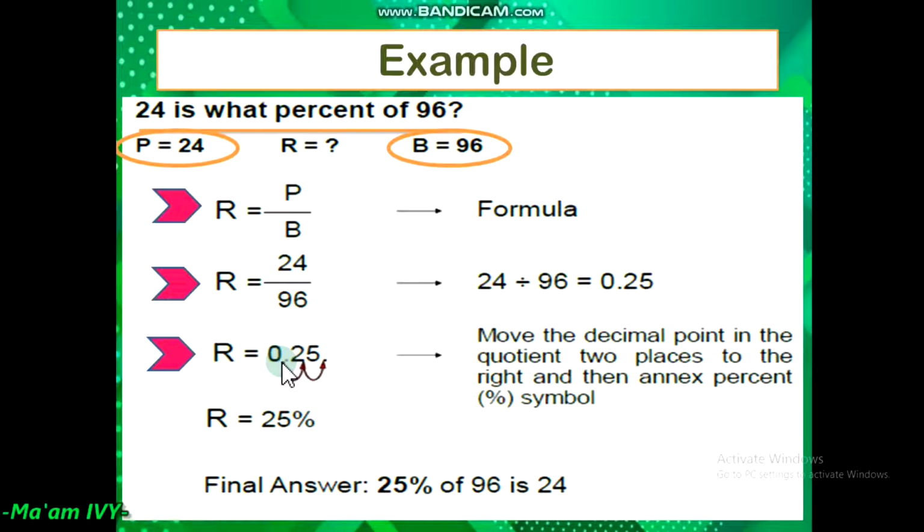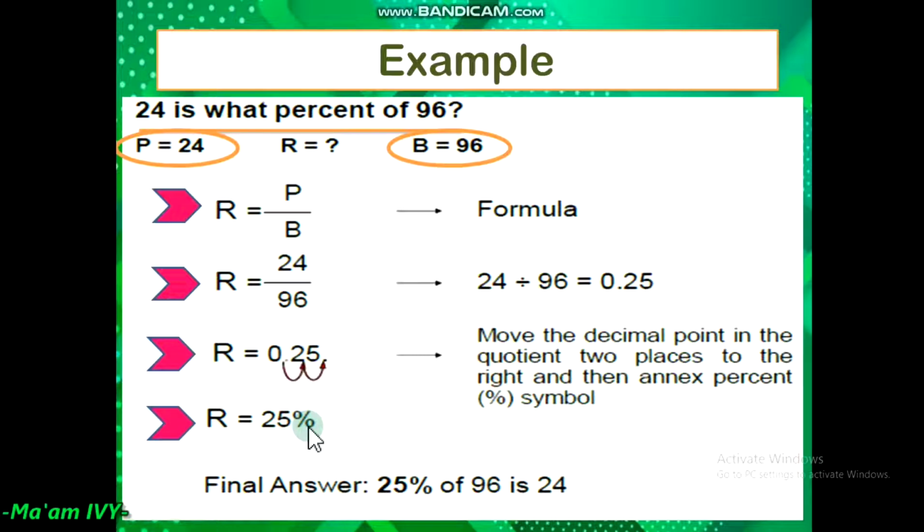Let us move it 1, 2. Move 2 places to the right, and then annex the percent symbol. When we say annex, we are going to attach the percent symbol after the number.